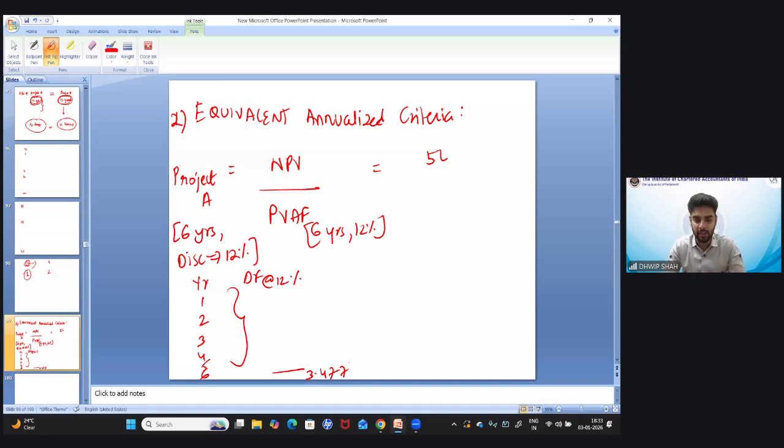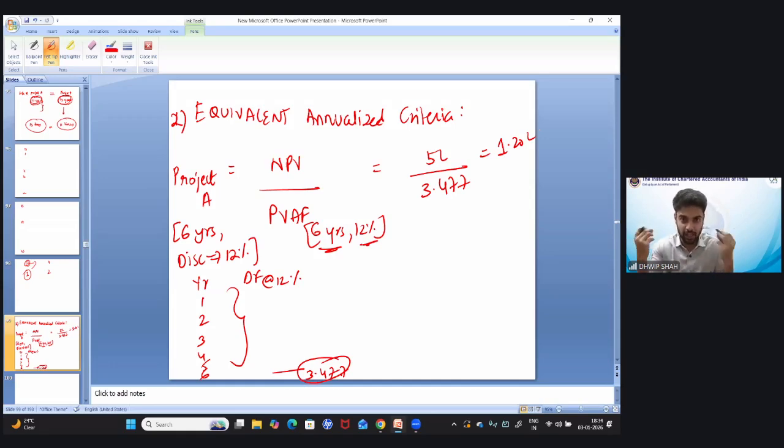But for the time being, let's assume the PVAF factor of 12% for 6 years comes to 3.477. So divide this 5 lakh by 3.477. Let's say the answer is 1.2 lakh. Just a random number. I am not solving exactly. I am giving you the idea of what equivalent annualized criteria is trying to say. Okay?